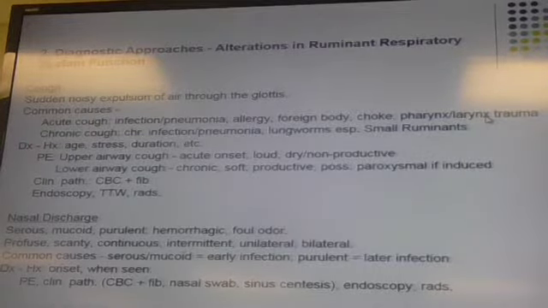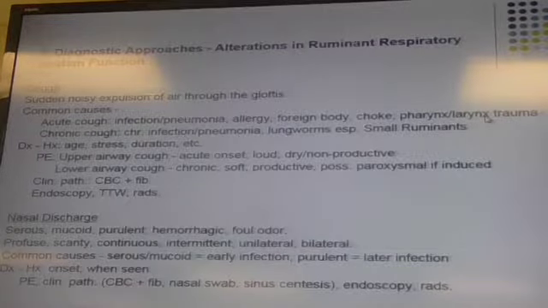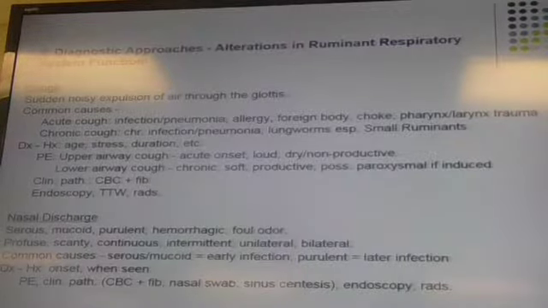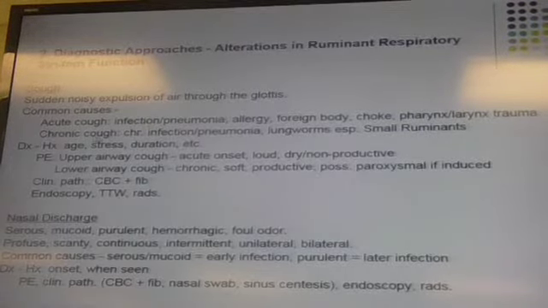As you're presented with animals with these clinical presentations, that's how your mind starts thinking: what could be causing this onset to be acute or chronic? Certainly a chronic infection that's been going on for a while can produce a chronic cough.